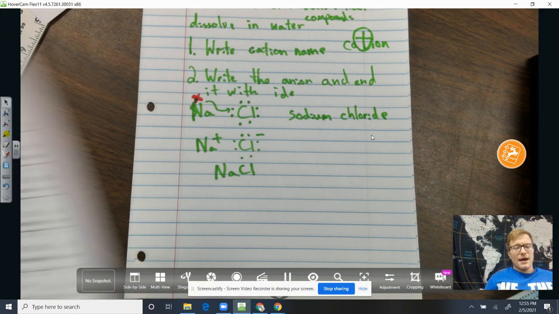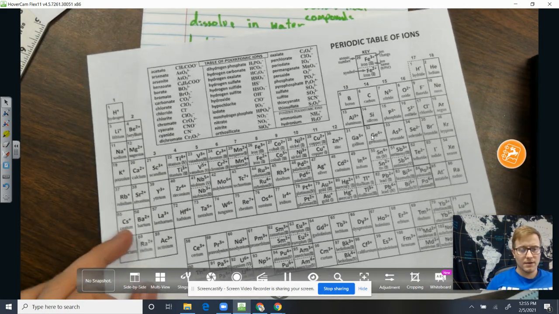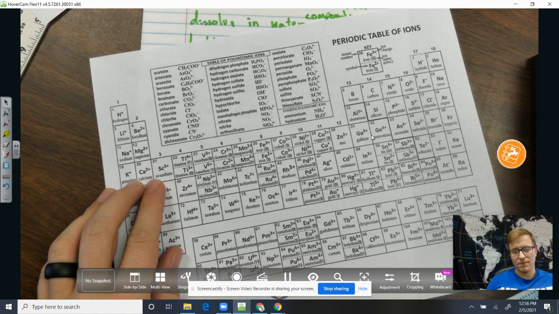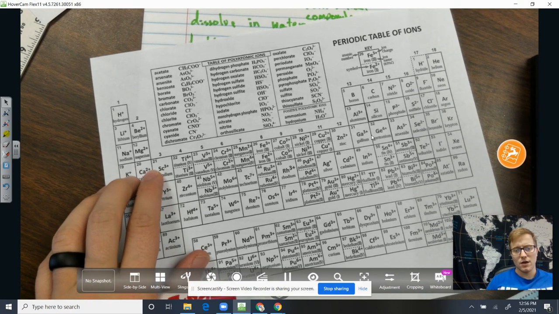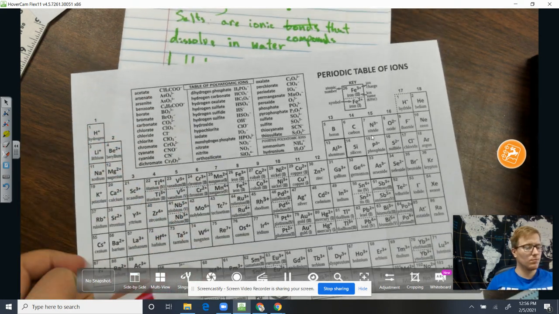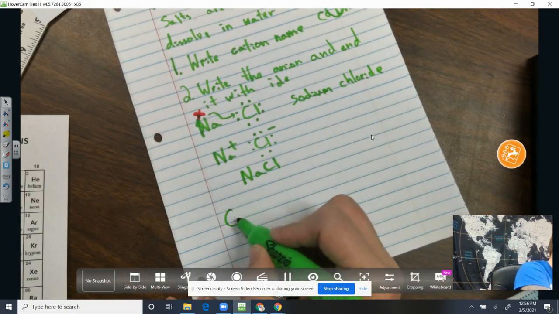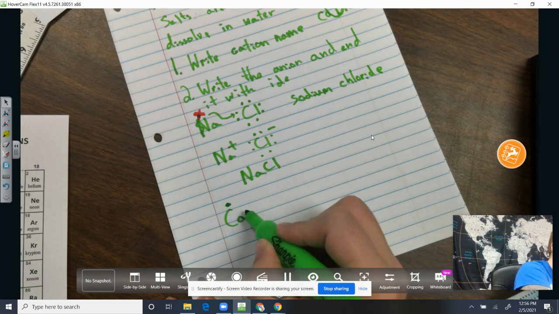So let's say we have a fun little element, calcium, Ca. Calcium is in the second group, so it has 2 electrons.